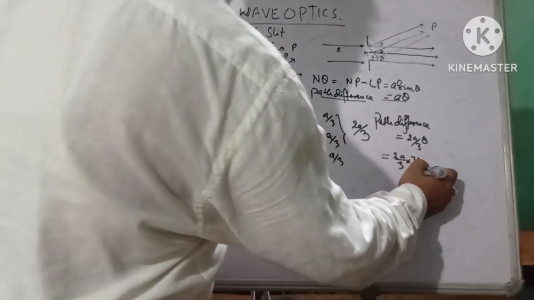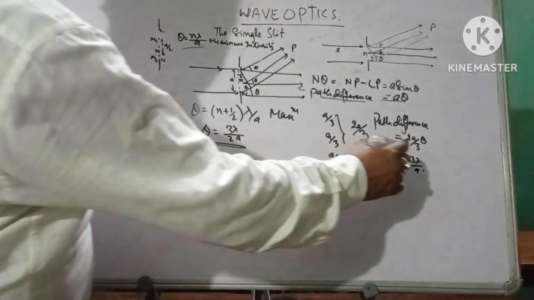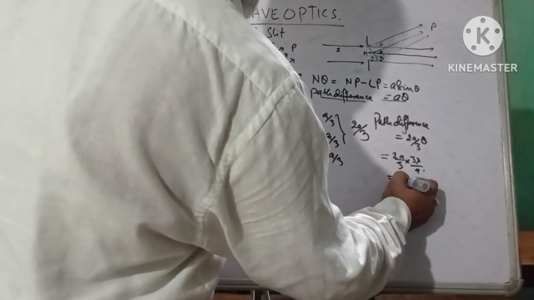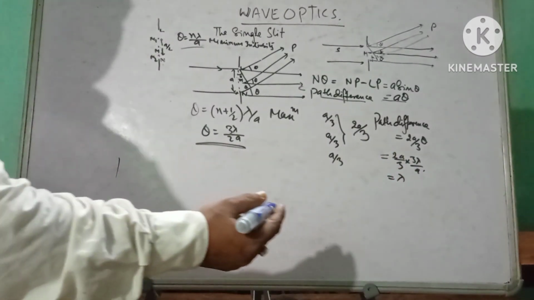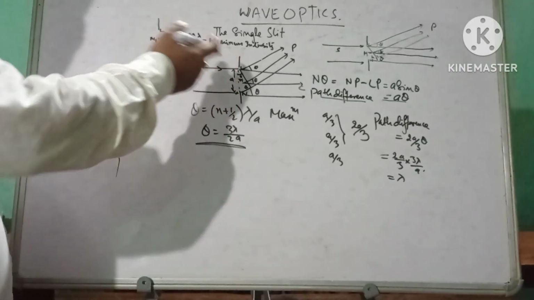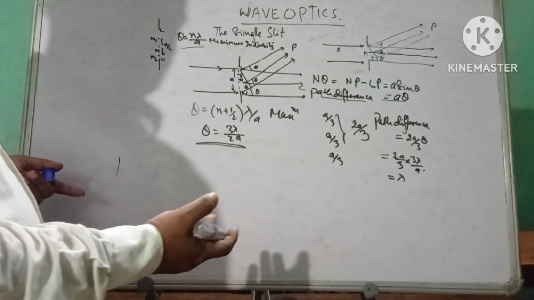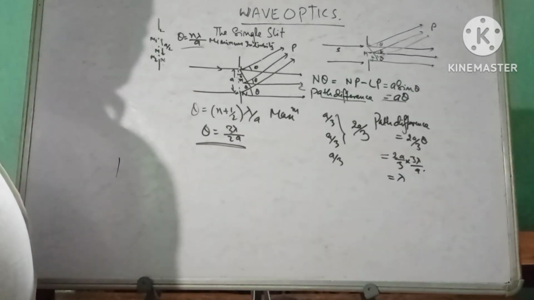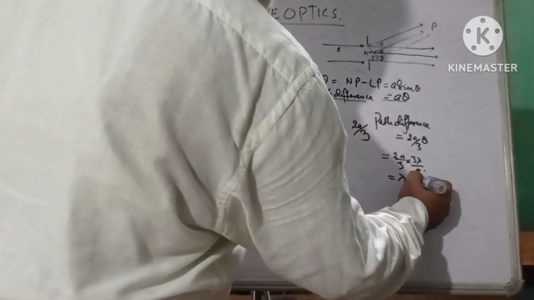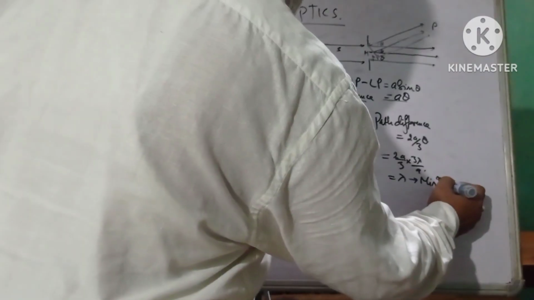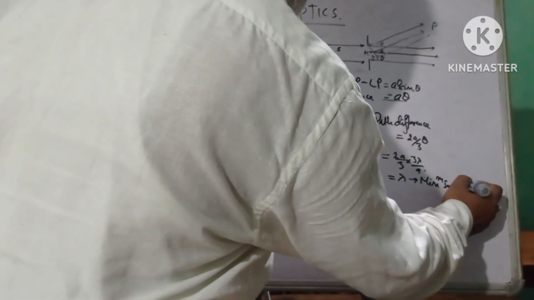Everything cancels out and it is lambda. When path difference is lambda, I have already told you that it is the minimum intensity. So here the intensity is minimum.